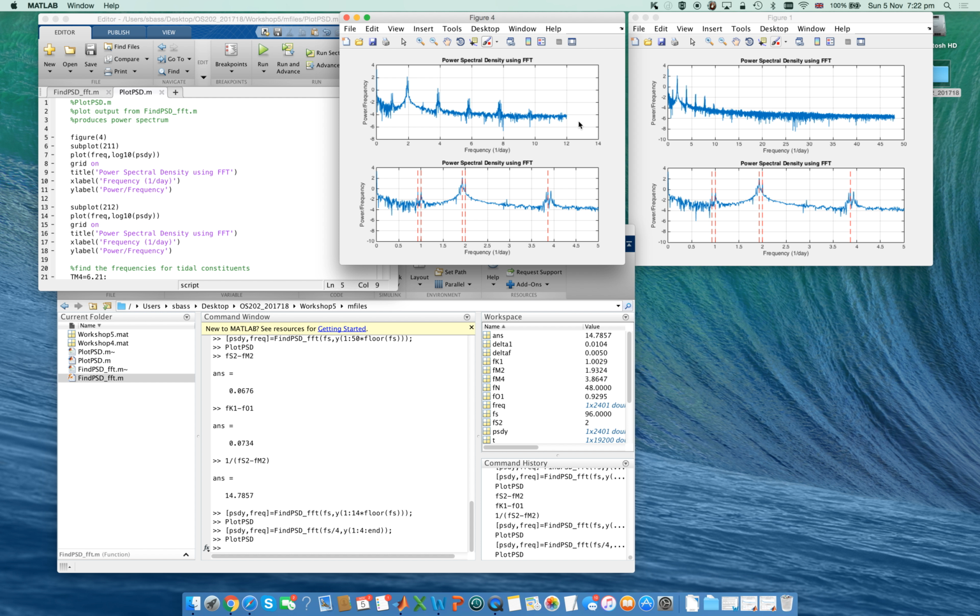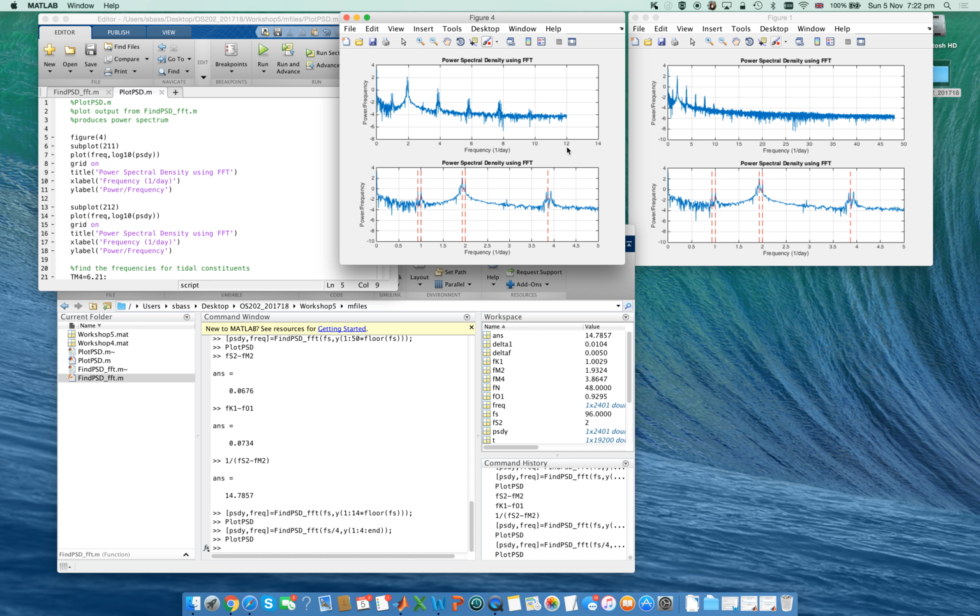So it isn't actually that much different, it's just quite a lot shorter. So the 12 here is our Nyquist frequency, which is what you'd expect. Our sample rate is 24 times per day, and our Nyquist frequency is half the sample rate, so half of 24 is 12. So that's our Nyquist frequency, which is what we expect.